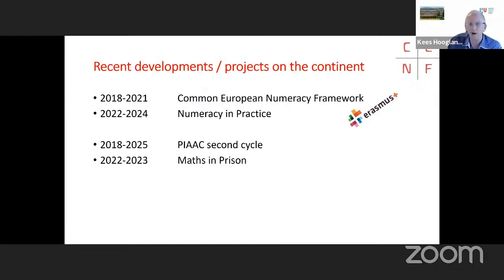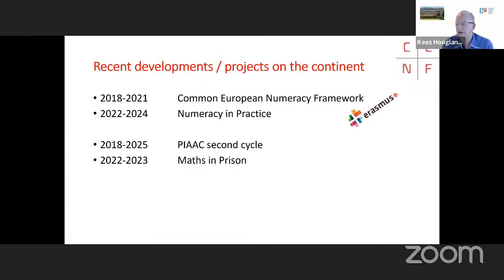And we were very lucky to have a follow-up project from 22 to 24, Numeracy in Practice. In that project, with 11 European countries, we tried to develop those ideas further in awareness materials, in professional development modules, and so on.